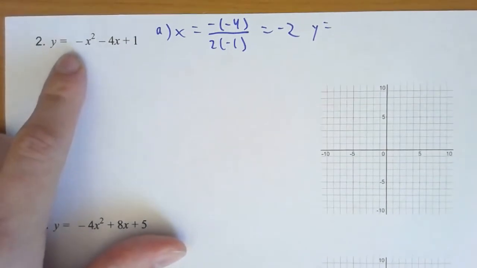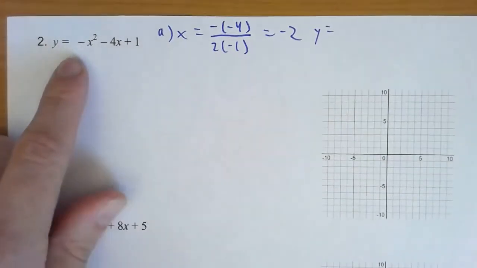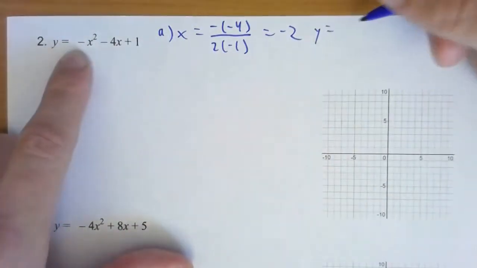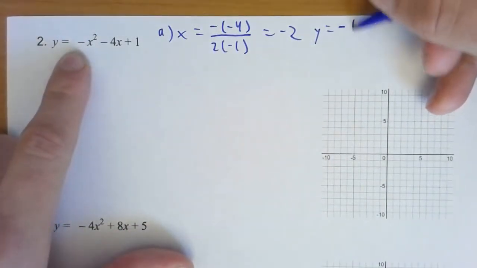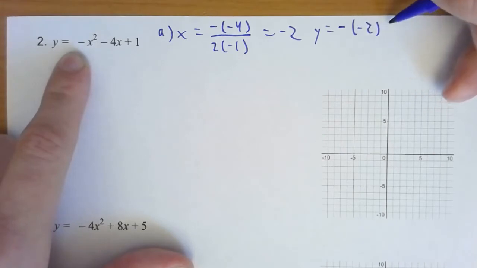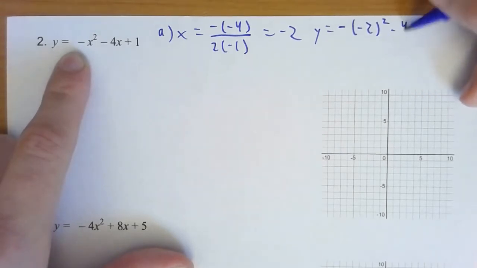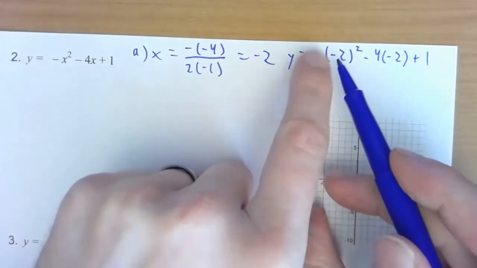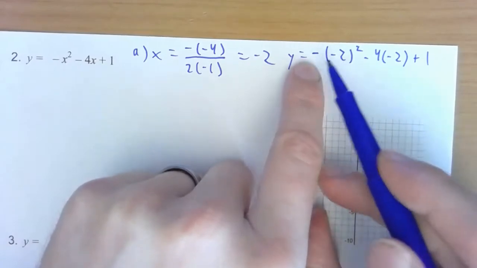And then find our y. If only we had something that when we knew the x told us the y. That's this equation right here, right? So we'll plug this in. Now be careful when you do this though. So it's -2 squared, -4 times -2, plus 1. You can't just make those negatives cancel out.